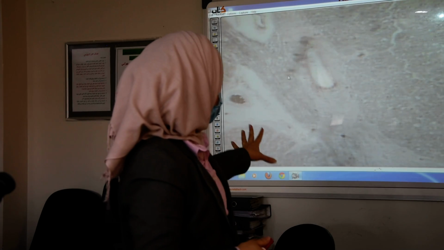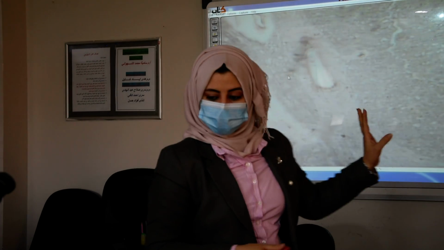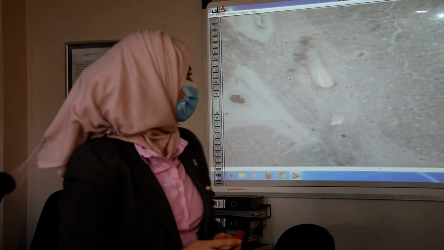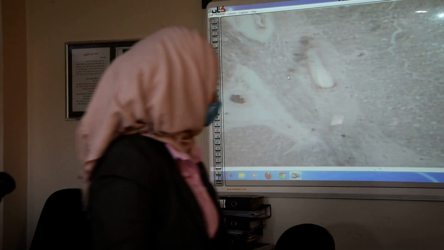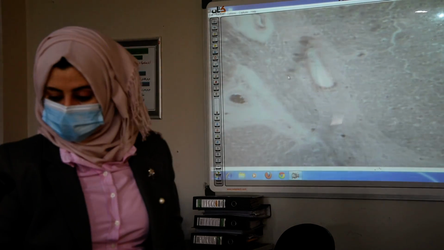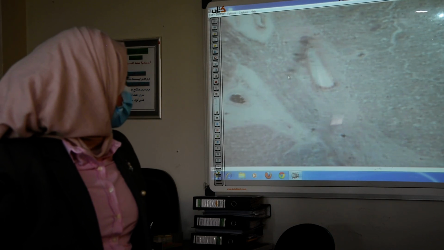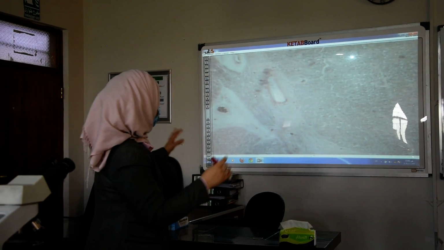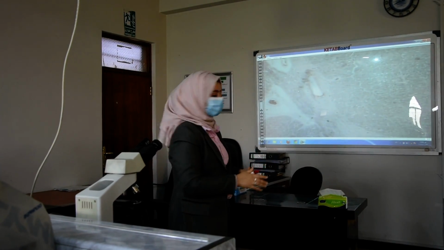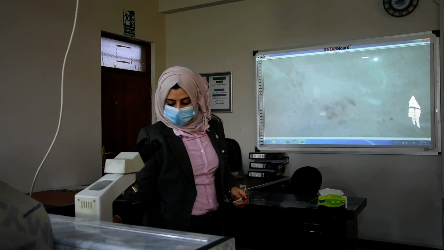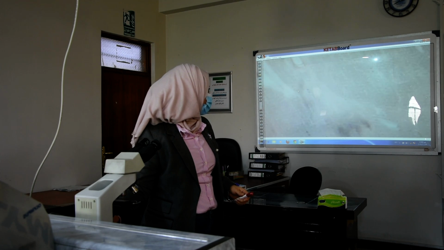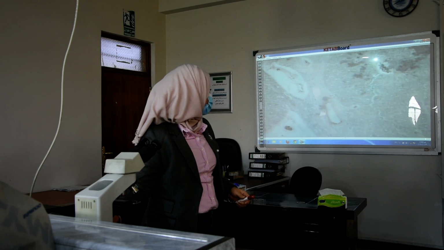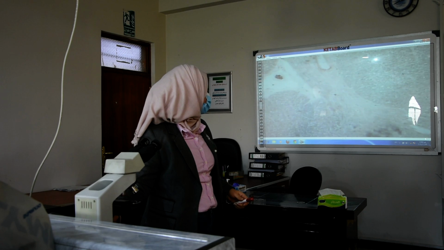So, we started with the thoracic. Okay, these are the thoracic spinal cord region. In general, this slide is very big, and I try to show you all the parts of it.